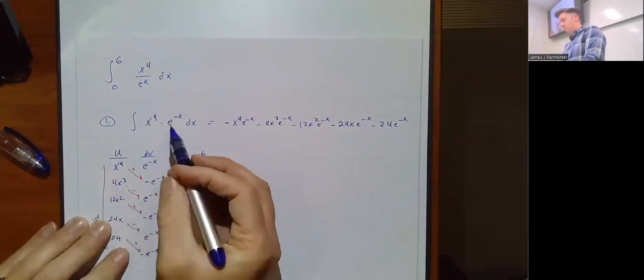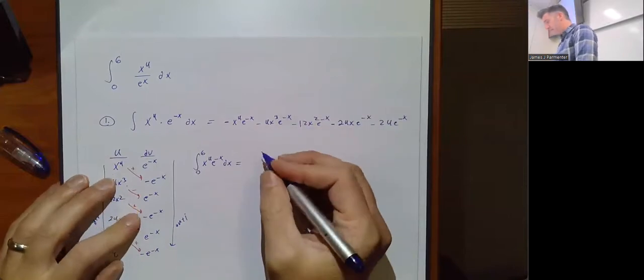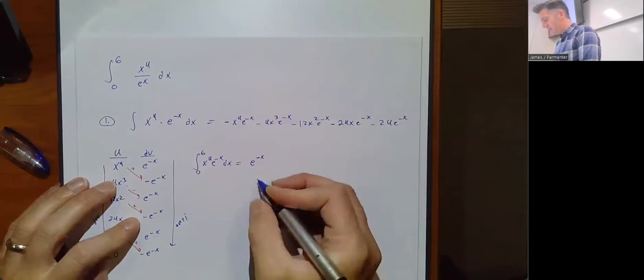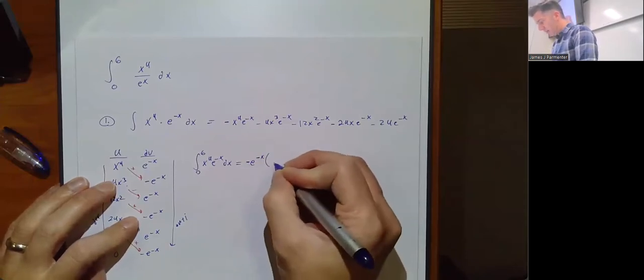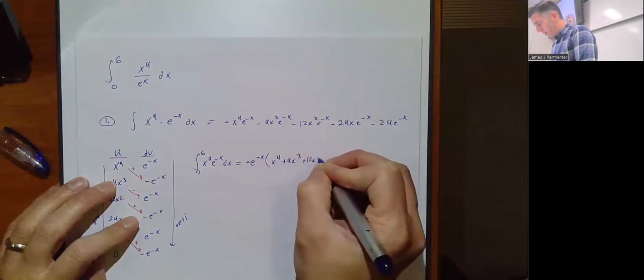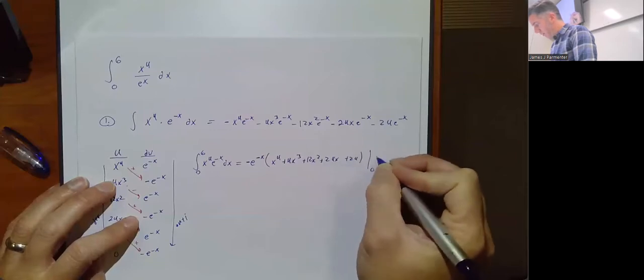I really would have just done it right here, but I'm trying to show you what I do. Is all this stuff. Again, let's factor out the negative e to the negative x because we can. So after that: x to the 4th plus 4x cubed plus 12x squared plus 24x plus 24, from 0 to 6.